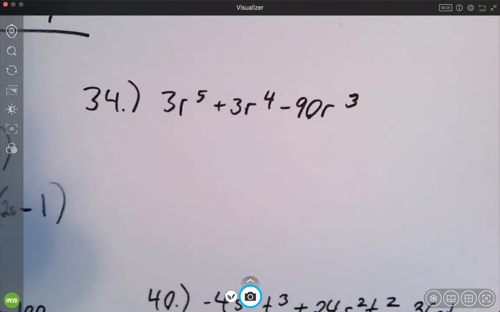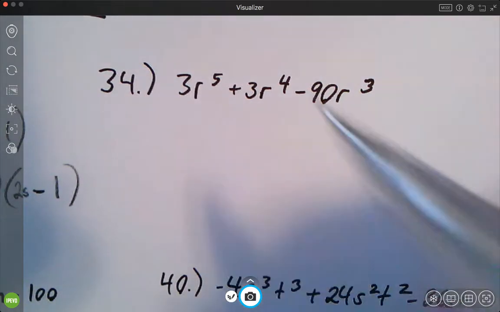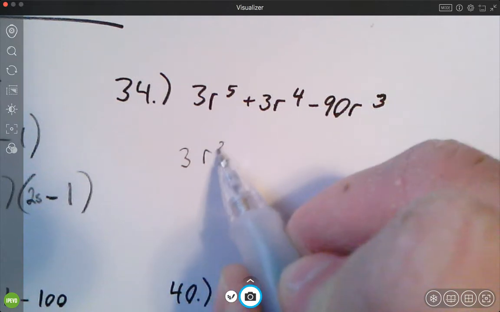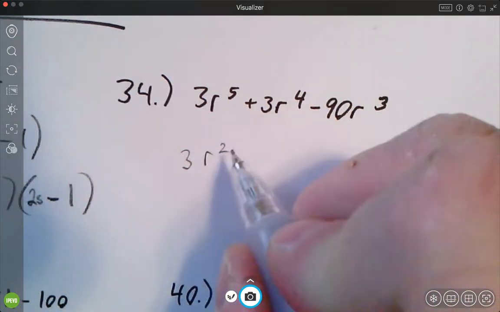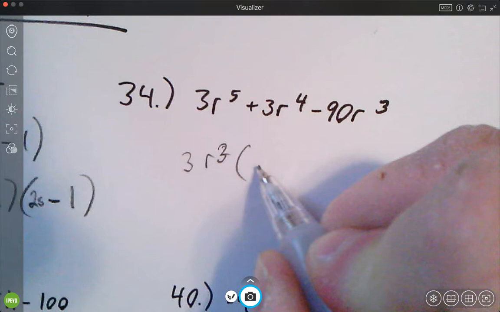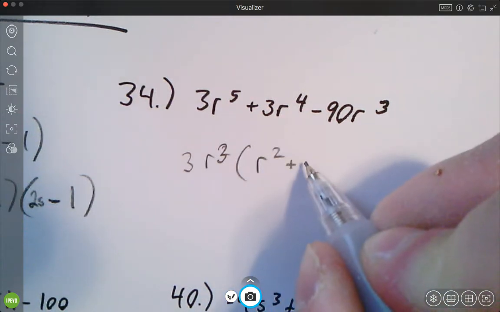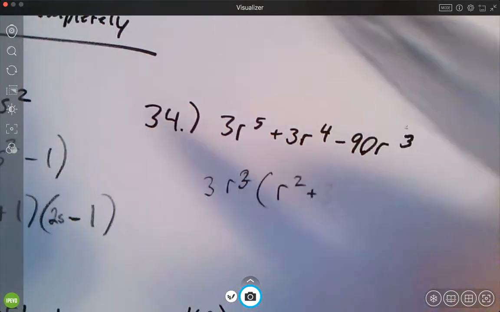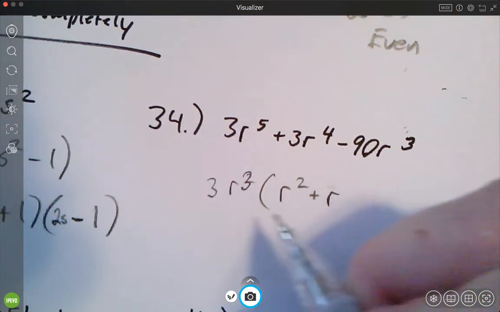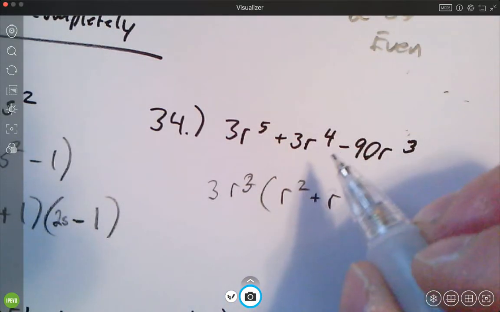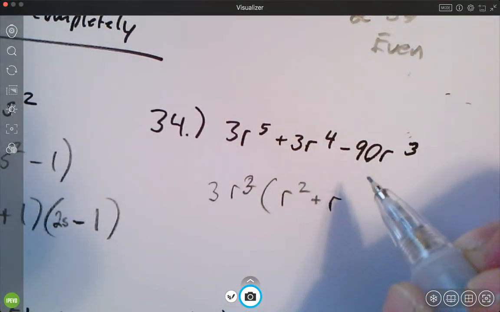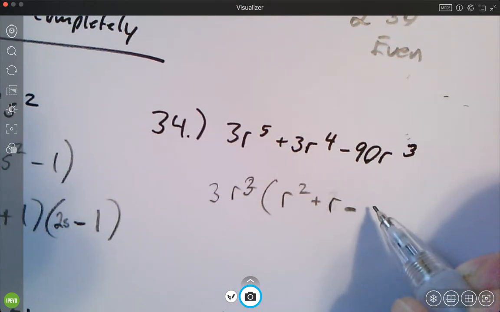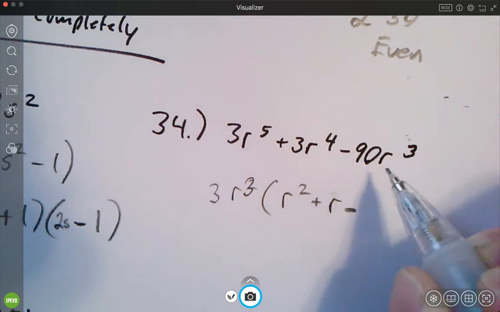Number 34 here, you can see it's a trinomial. I can factor out a 3 and then an r squared. No, more than that, r to the third. So I'm left here with r squared plus r, sorry. Let me check that. And then minus, what times 3 is 90?